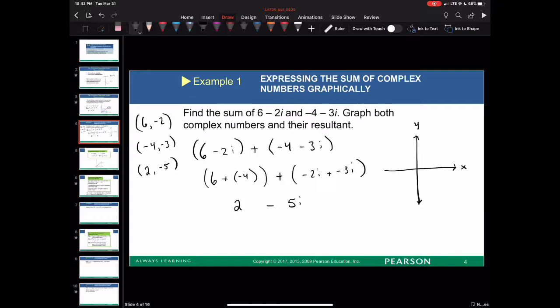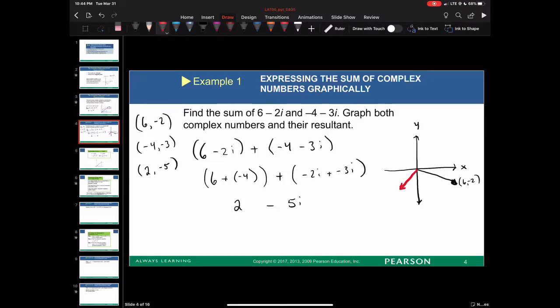So if we look, let's say we have our first one that comes out here. And let's say that this is our 6, negative 2. Then we look at our other one, and it comes out this direction.